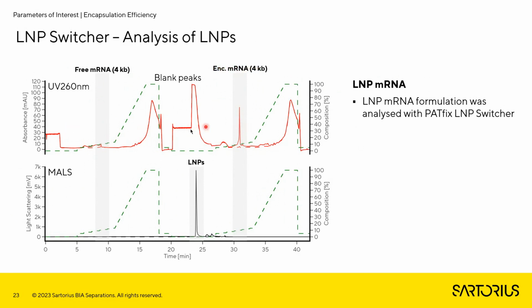We can integrate these two peaks and really nicely calculate, for example, the encapsulation efficiency of these LNP samples. We can also see the quite nice MALS response, shown on the lower part of the chromatogram, where LNPs are eluting from the column.